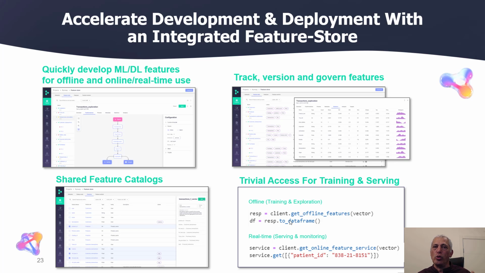But even more work is saved when you're transferring that into production. So as you move into production, this will automatically build a real-time pipeline for you to generate those features in production. And in the model serving layer, you only use 2 other commands, to get the real-time feature vector.